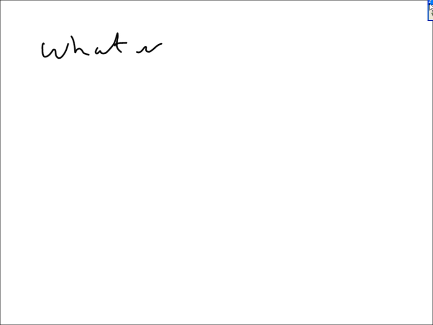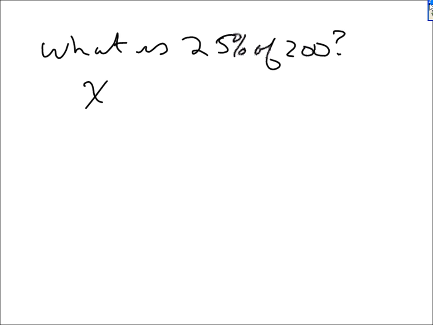For example, what is 25% of 200? What? That's an easy one to remember. That's X. Is, you should know, 2 plus 3 is 5. 7 minus 2 is, that is equals 5. 25 is 25. And if you have any understanding of percent, you should know it means divide by 100.